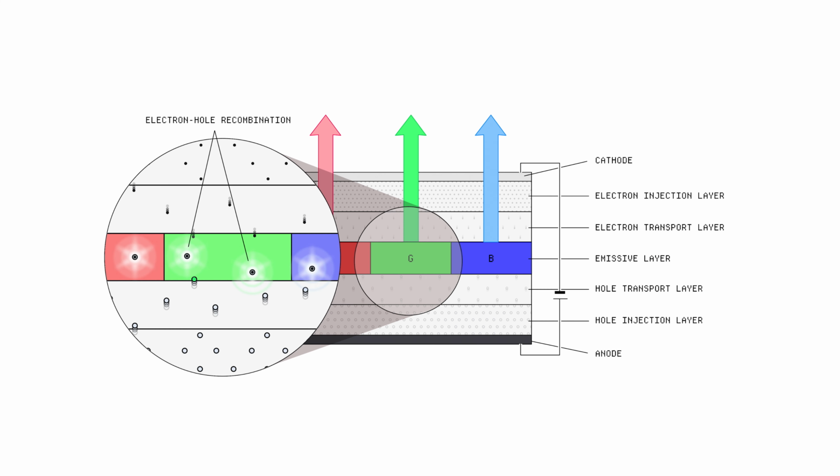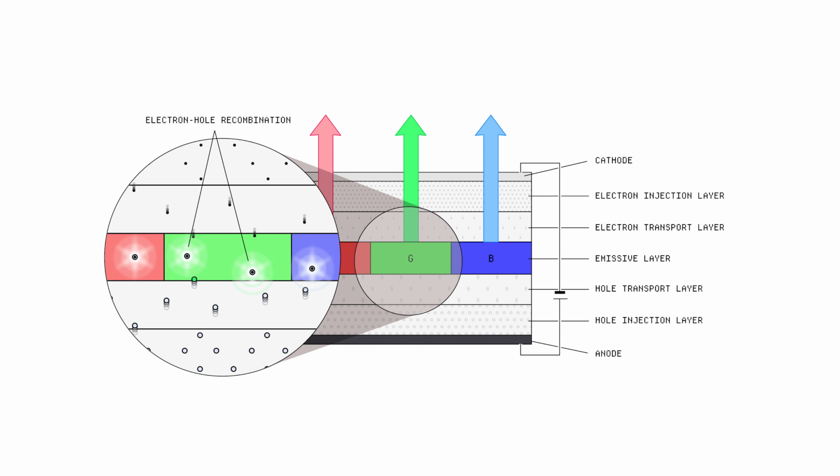But to be more accurate, it's actually a result of something called electron-hole recombination. That basically means when an electron leaves its spot in the lattice, it creates a hole. And we put it back in the lattice, and it emits light. And the organic material you let it do that in determines the color of the light.